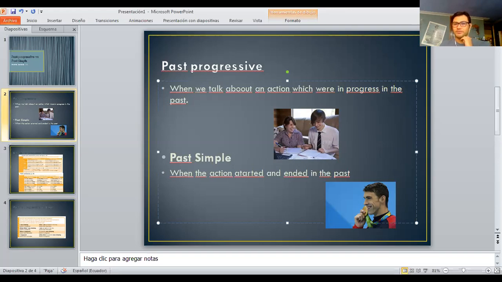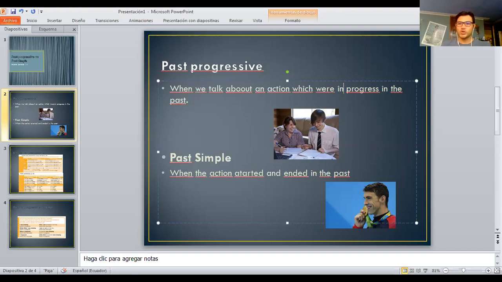When I refer to these actions, you have to notice that we are talking about actions that take some time to do. For example, I say, I was cooking pizza.